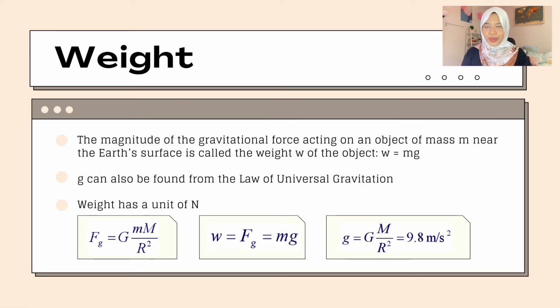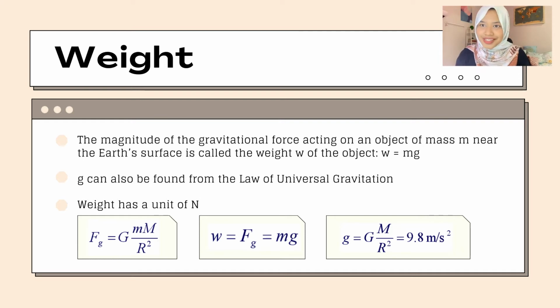Next is weight. The weight of an object is the magnitude of the gravitational force acting on an object of mass m near the Earth's surface, and the formula of weight is equal to mg. M is mass multiplied with g, which is gravity, and g can also be derived from the law of universal gravitation.